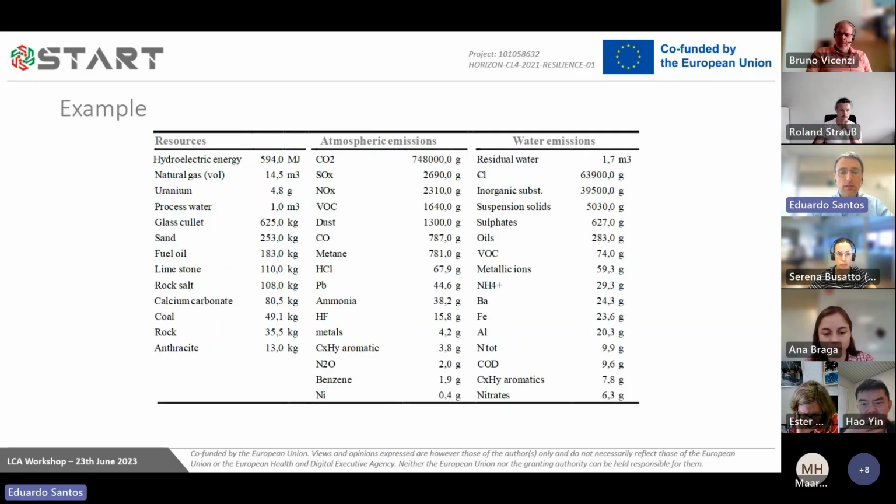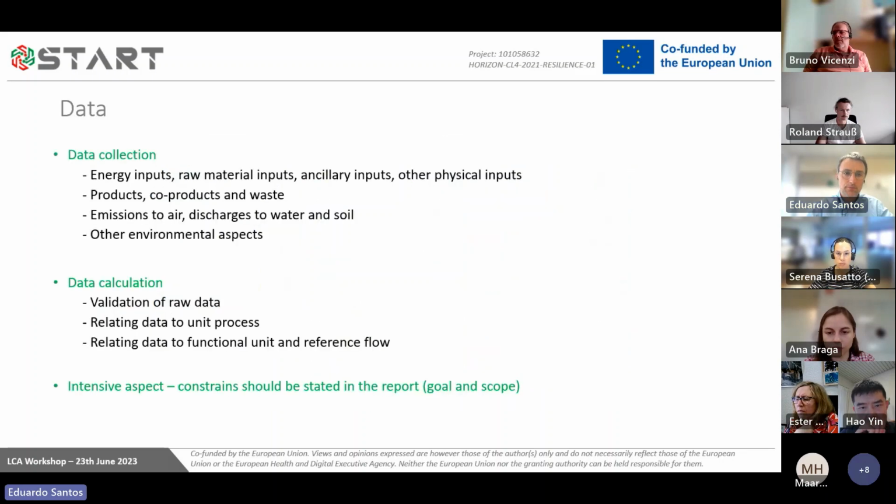So this is just one example. We should be able to get, for a given process and a given unit, this sort of data: the substances that are used as resources, and then the outgoing emissions, for instance to the atmosphere, the substances and the amounts, and also to the water, radiation, and other emissions.